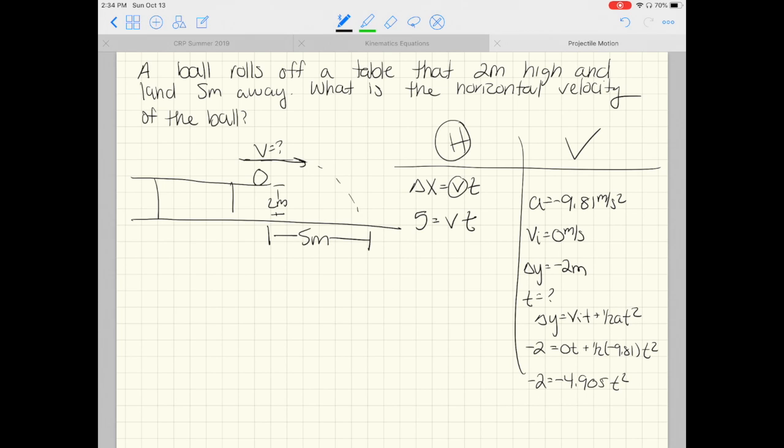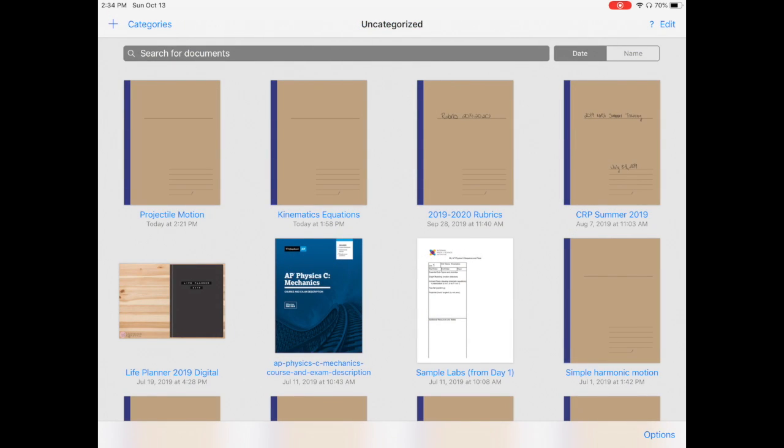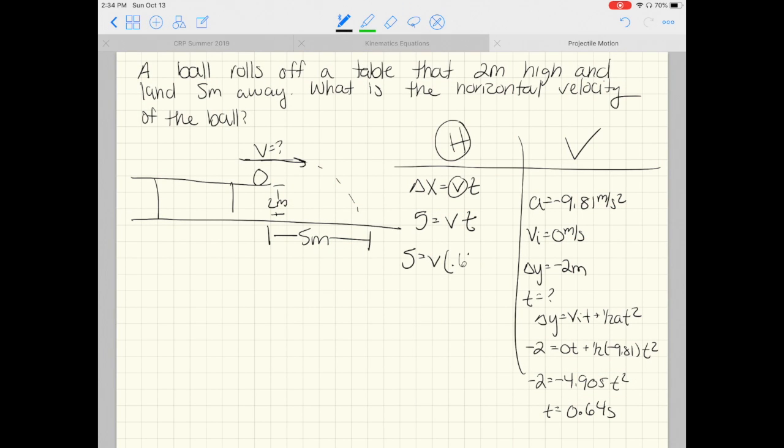After some math, we get that the time it takes the ball to hit the ground is 0.64 seconds. So we're going to use that time, plug it in over here, and I get that my horizontal velocity is 7.83 meters per second.